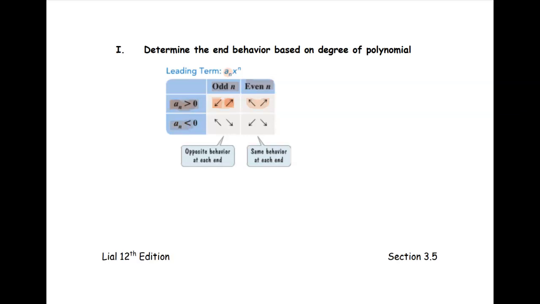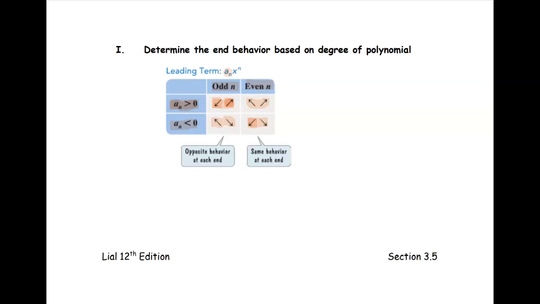Now, if a sub n is negative, the left end tail will be going up, and the right end tail will be going down. And if the degree is even, both ends will be in the downward direction.